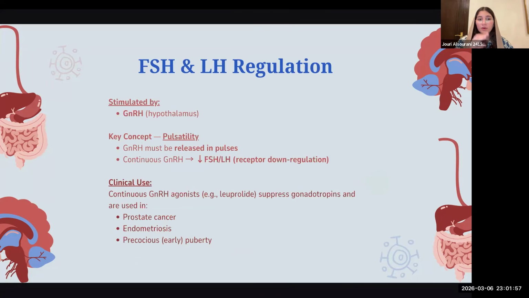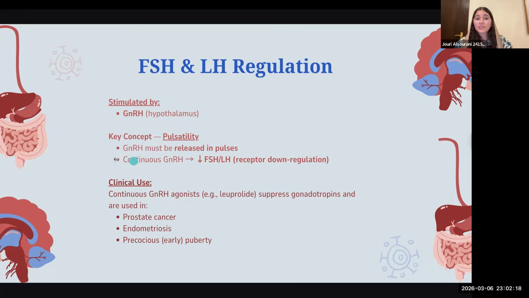All right. For its regulation, FSH and LH are both going to be stimulated by gonadotropin releasing hormone, GnRH, from the hypothalamus. GnRH is going to be released in pulses, okay?